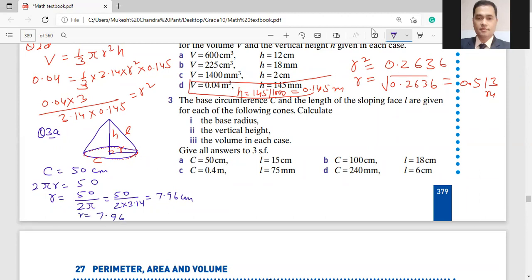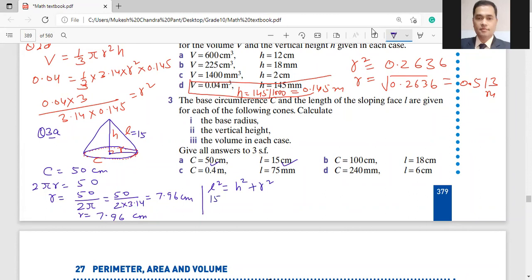Radius we have got 7.96 centimeters. Now L equals 15 centimeter. C equals 50, L equals 15. Now we have to find H. In the beginning we discussed the formula L square equals H square plus R square.